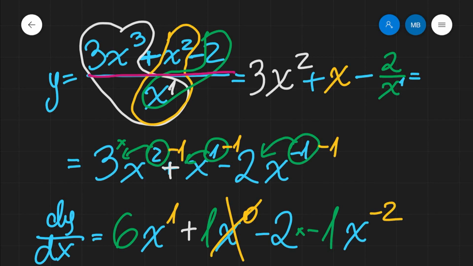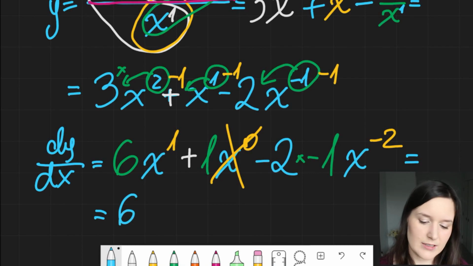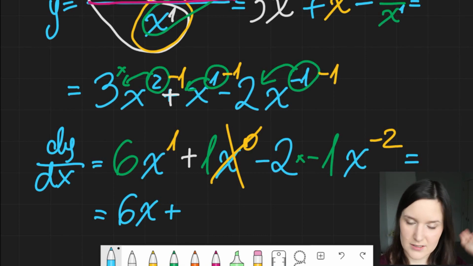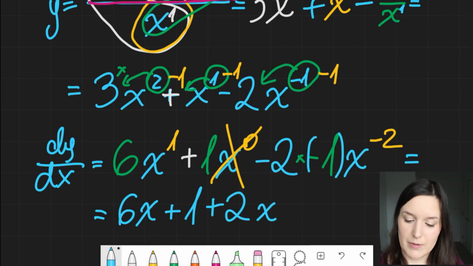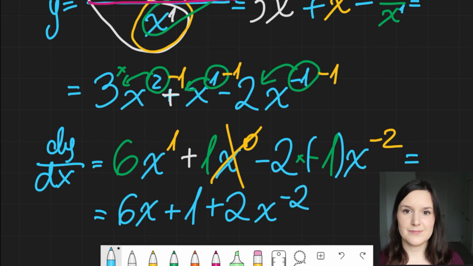Okay, let's tidy it up. So I have 6 x to the power of 1, so just 6x, plus, there was x to the power of 0, so I just write plus 1. Now minus 2 times minus 1 is plus 2, and x is to the power of minus 2. That's it.